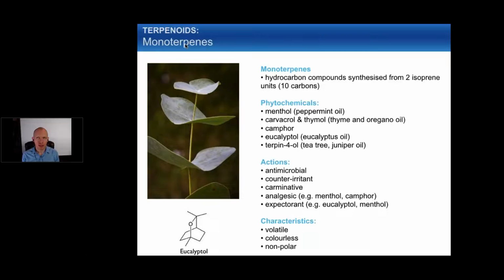What gives substances color is how many double bonds they have that are conjugated in a row. So if you got double bond space, double bond space, double bond space, it'll absorb a certain wavelength of light.